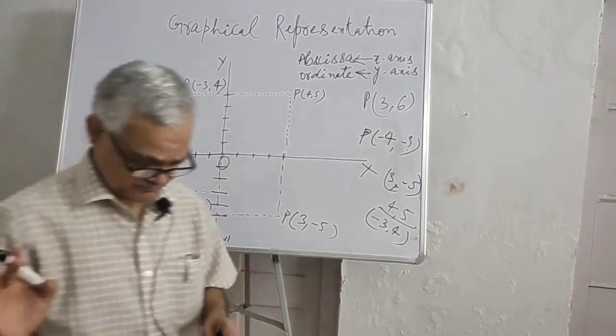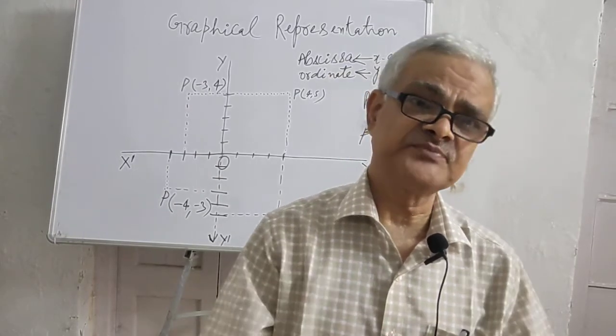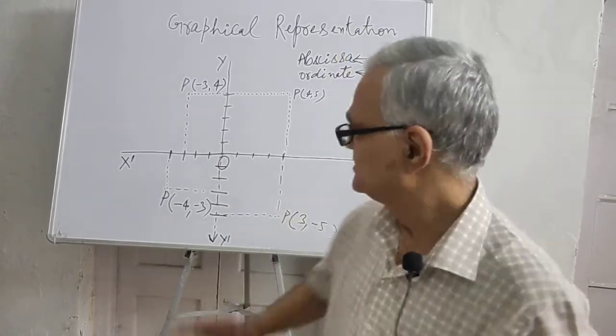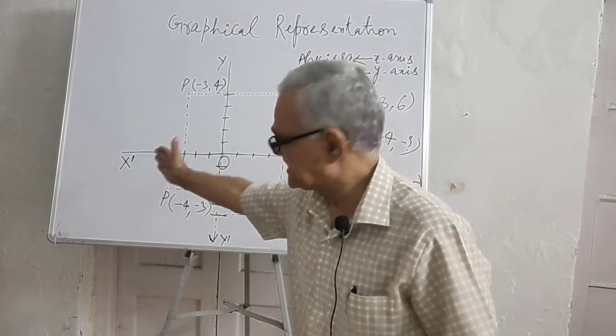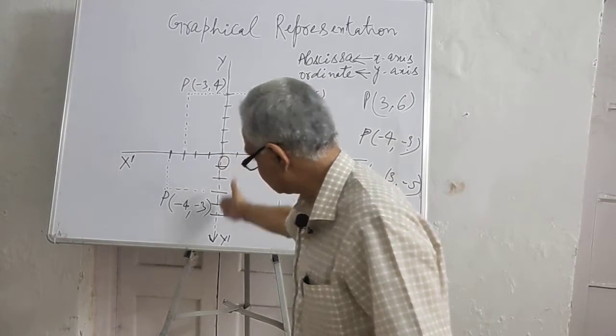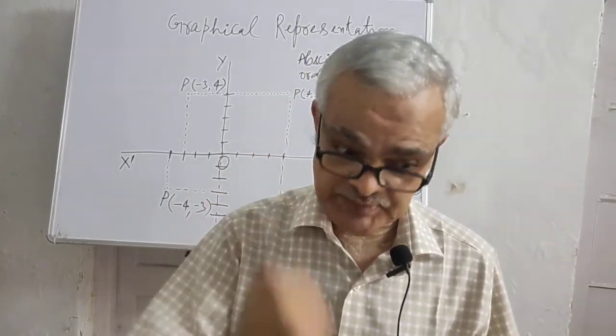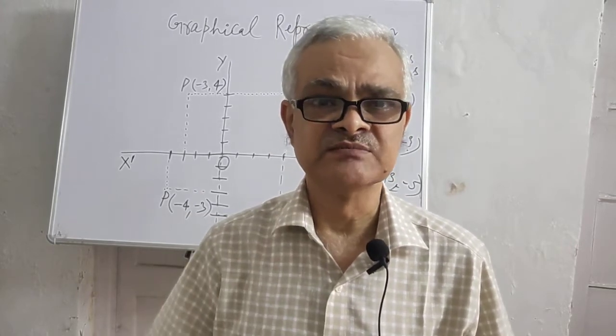So we have learned the basic of this graphical representation of data. X-axis with negative sign, y-axis with negative sign, and location of a point in the coordinate system.